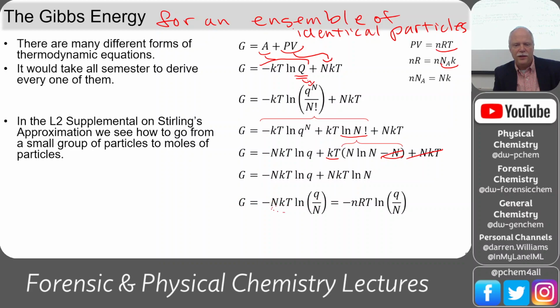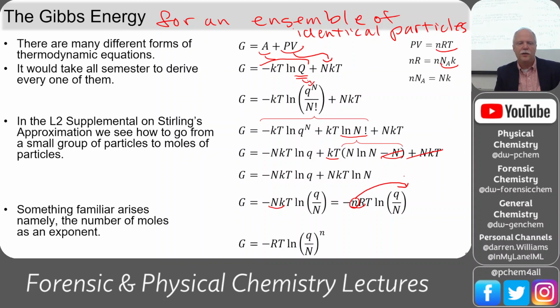And so we have this setup, the natural log of q over n. We have this nkT in front, and we showed that nkT was essentially equal to nR. And so this part right here is the same as nR. And we can move this n over here as an exponent.